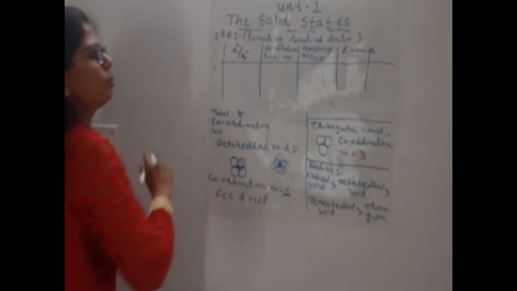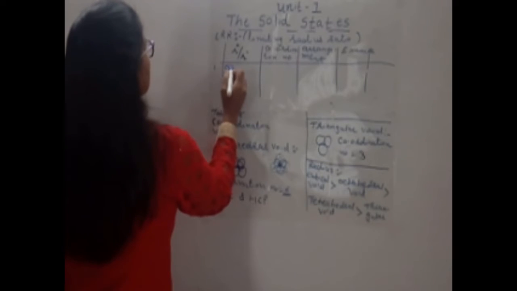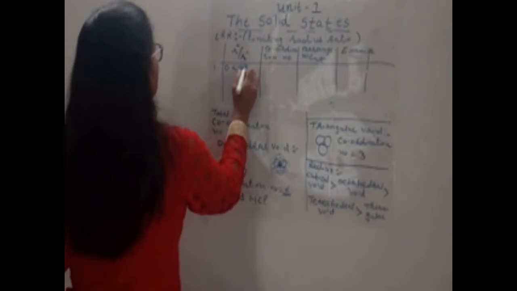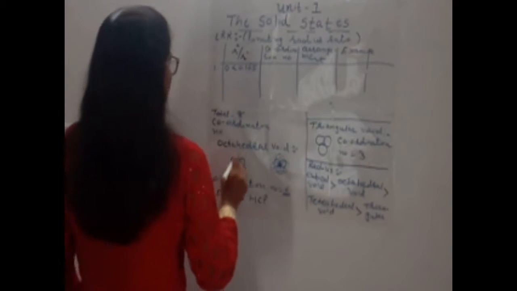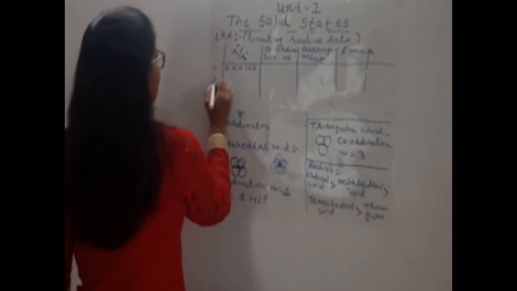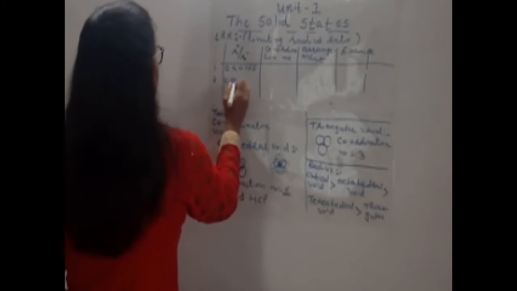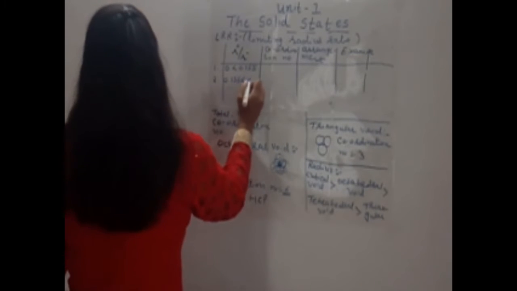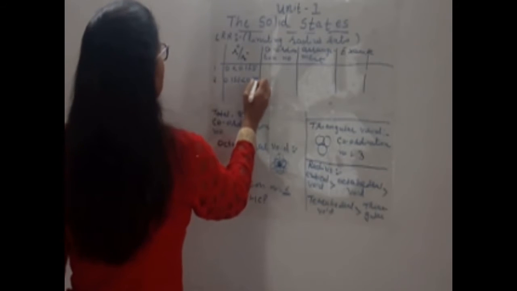So the first point I'll take, the ratio is between 0 but less than 0.155. Then the second one is 0.156 but not more than 0.255.